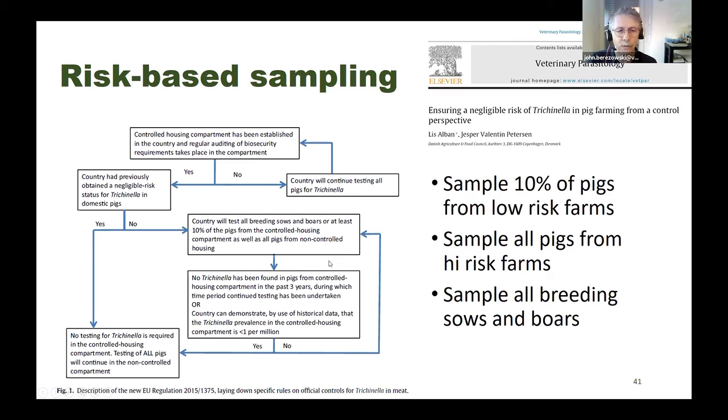Okay, so I'm not going to go through the whole algorithm. It essentially was a way of using this country and the farms to differentiate farms into high and low risk, and to allow countries to reduce the amount of sampling they did from farms that were low risk.